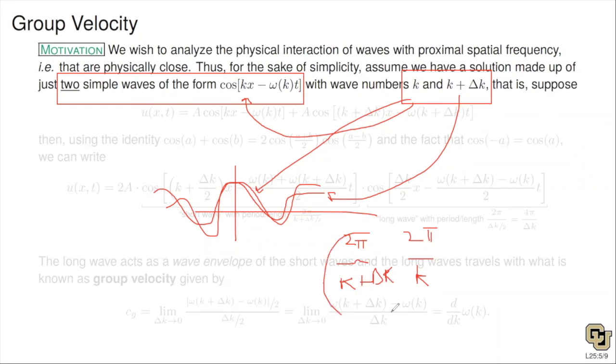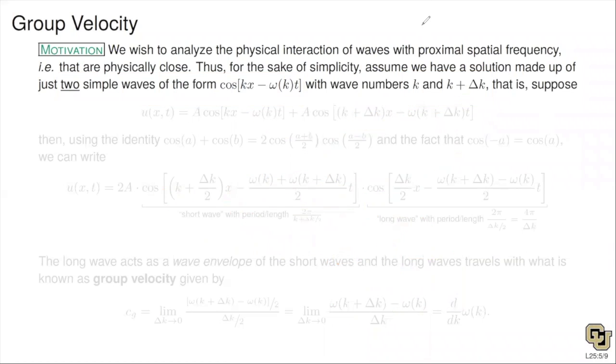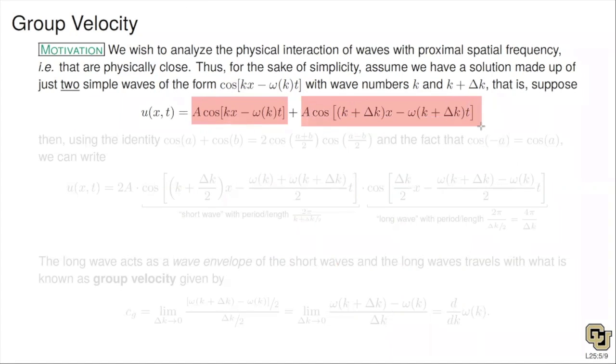So this will be a shorter wavelength, and this will be a slightly longer wavelength. And we want to know, how are they going to interact with each other? So here are my two waves, wave number k and k plus delta k. You have a wave and then a slightly shorter wavelength wave.